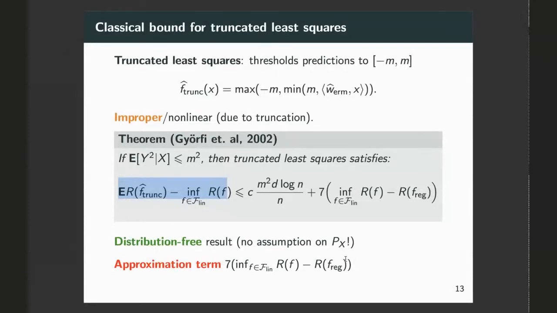So in a sense, only when the problem is close to being well specified or well approximated by our class. And this is an assumption which is often fine when you do non-parametric estimation in low dimension. But in high dimension, there is no reason to expect that your class of linear functions will approximate well the true regression function. And additionally, this is also something which is not implied by our setting. We would like to approximate the best linear function in any case. So this result does not say that.